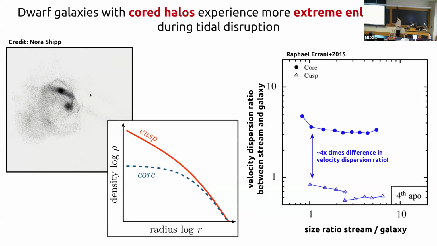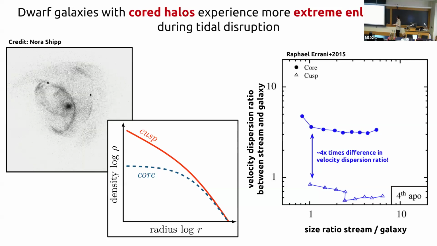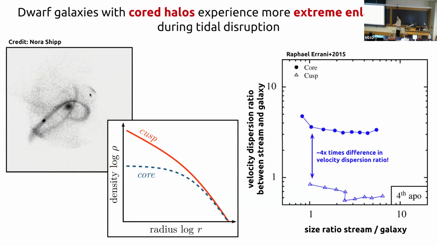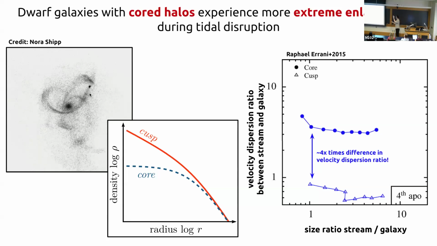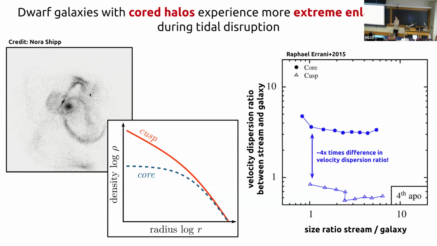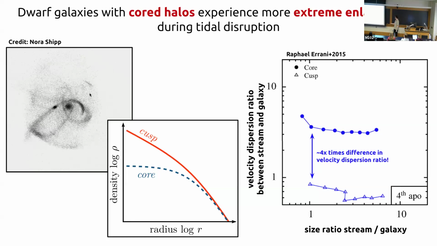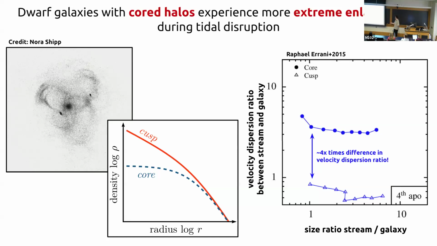In these simulations, they actually do have an orbit, even though they came before the discovery of Crater 2, similar to that galaxy. Essentially, in order for this to work, you really need a high eccentricity orbit, and you don't have many dwarf galaxies doing that. So it just happens to work for Crater 2.